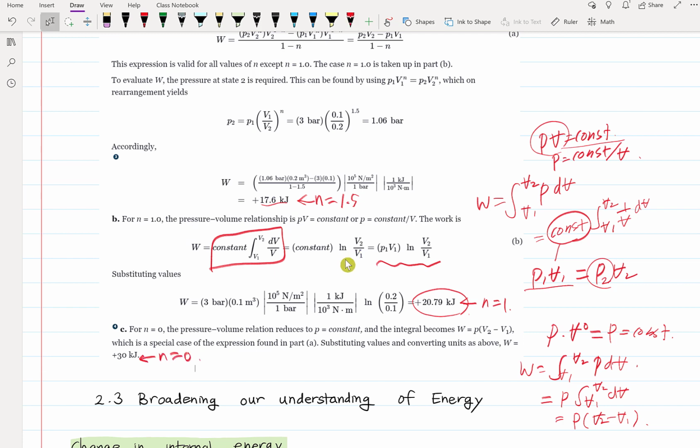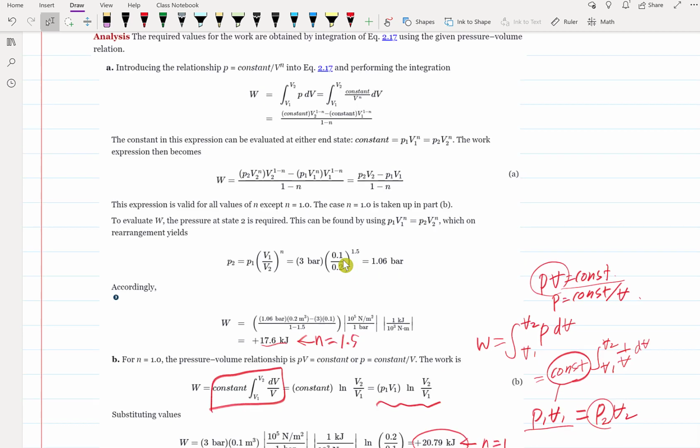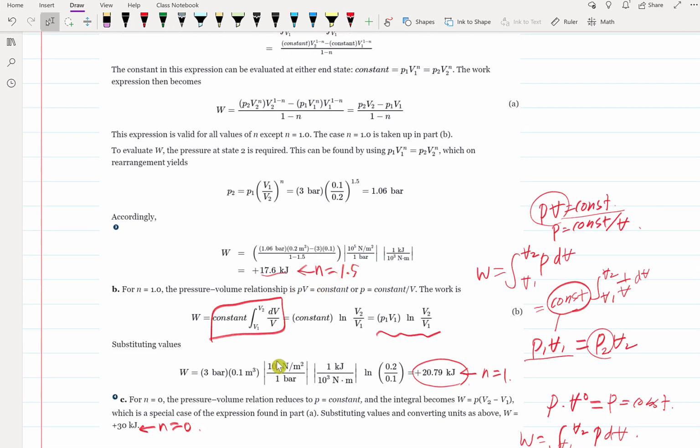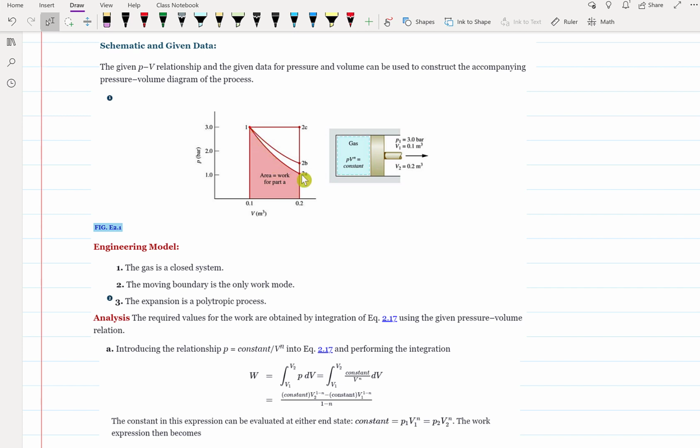So we compare the work in 3 different cases. So n is 0, 30 kilojoule, n is 1, 20.79 kilojoule, n is 1.5, 17.6. So the processes can be plotted in a PV diagram.